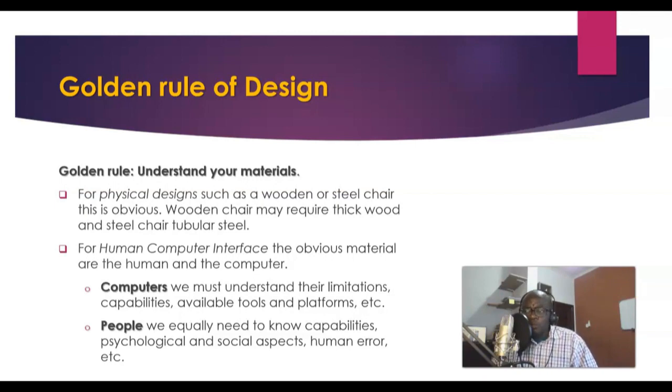But then coming to people, we are designing this information system or computer-based system for people to use. Now, we also need to understand this material component we call people. Here we are looking at what these humans are capable of doing. How will they interact with this system?